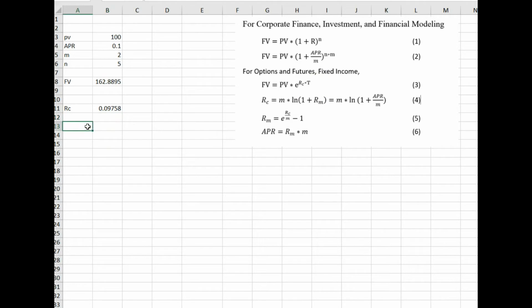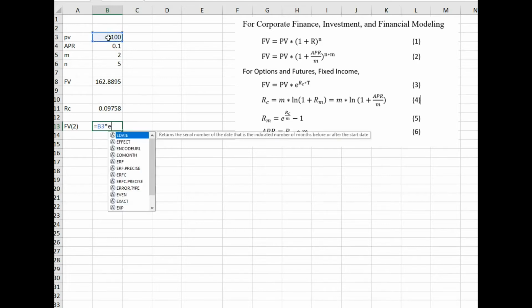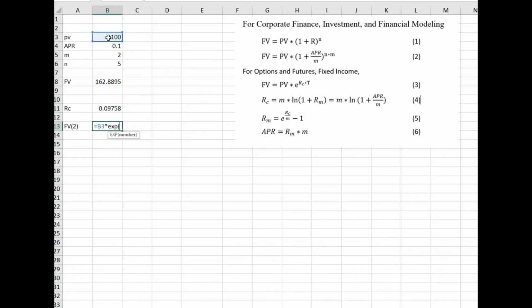We call this future value 2, which simply equals present value times exponential of the continuous compounding rate times t. The unit for t is a year.